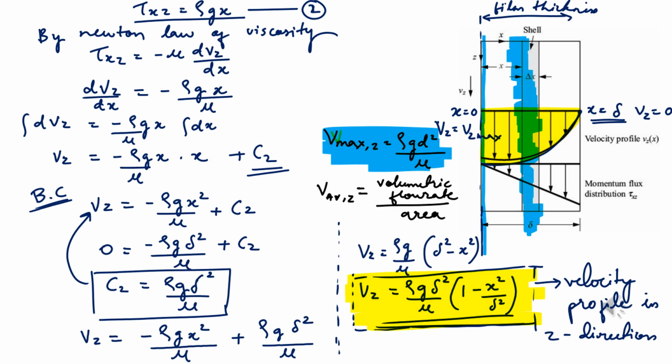Here in the equation, I wrote this. Here it will be 2 while integrating this. So this is my velocity profile in z direction, right? Thank you.